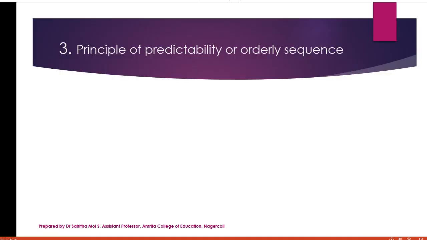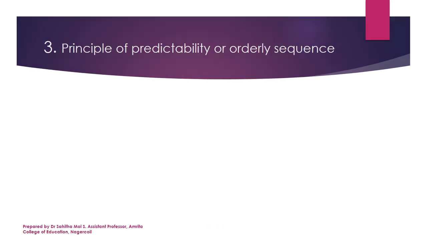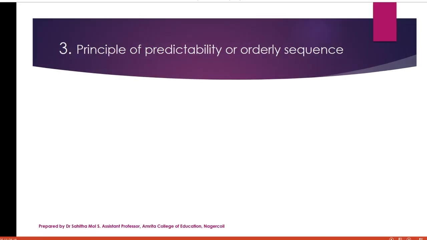Principle of predictability or orderly sequence. Each stage of development is different from the other by certain characteristics. The psychologists have suggested the following directional trends in development. One is cephalocaudal development.